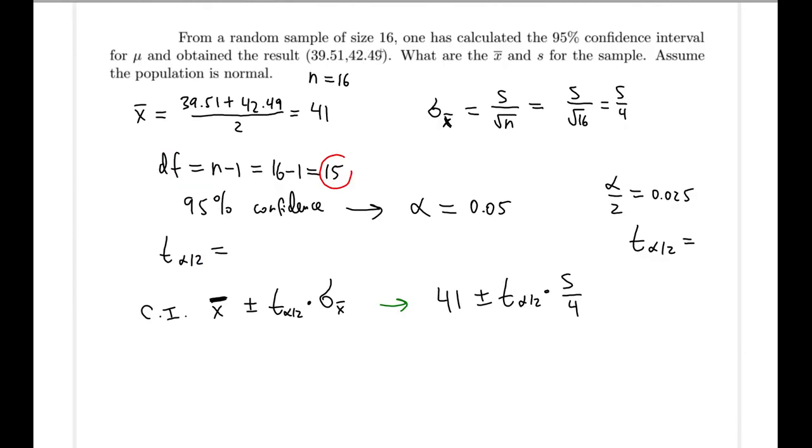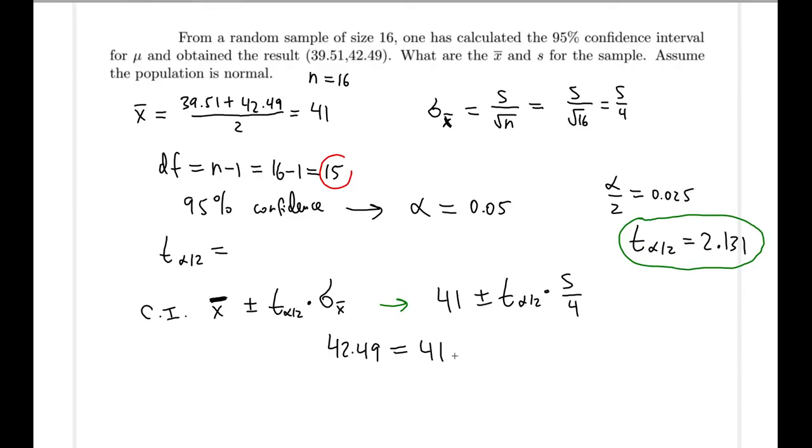I recommend just using the positive, the extreme right side of the confidence interval. So I'm going to set 42.49. That's the missing piece that we found in order to solve for s now here. So 42.49 is equal to 41 plus. Notice I'm not going to use minus because I'm interested in the t-value to the right side of the x bar, the sample mean. I'm interested in the extreme value of the confidence interval, the right-sided limit basically, 42.49.